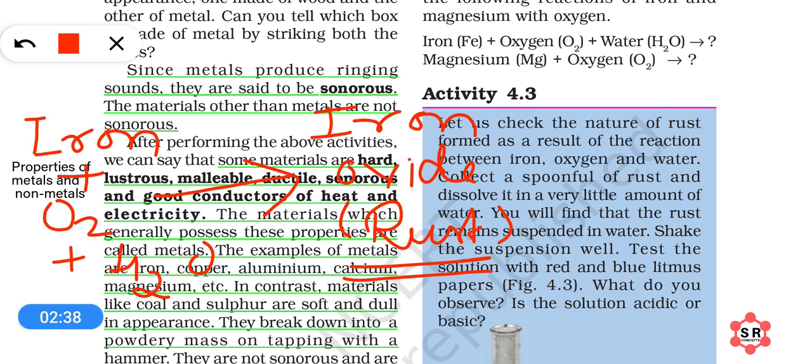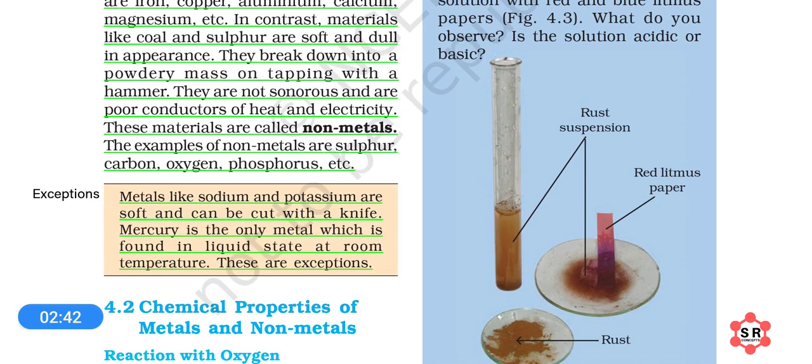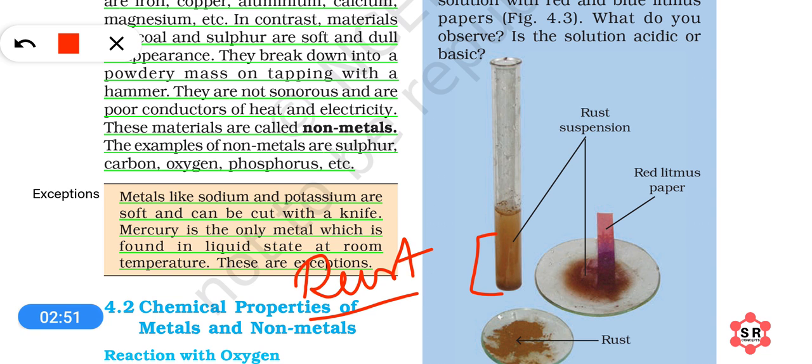articles. So in this activity, we are going to collect a little iron oxide, that is rust, in a test tube, and we will add some water into it and try to mix and dissolve it.